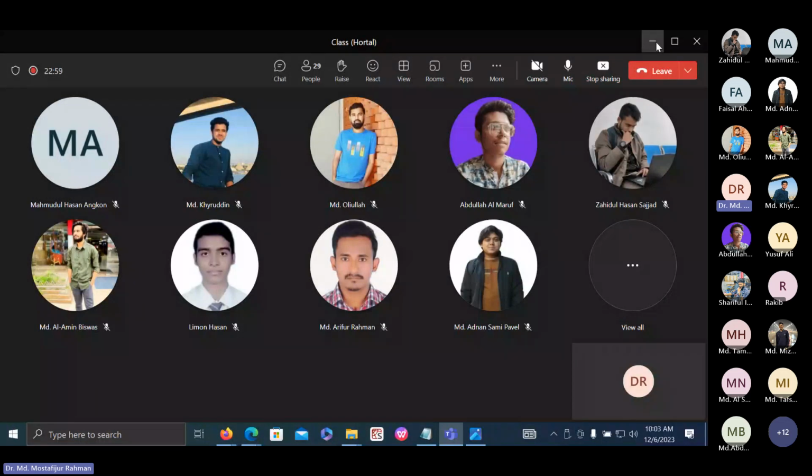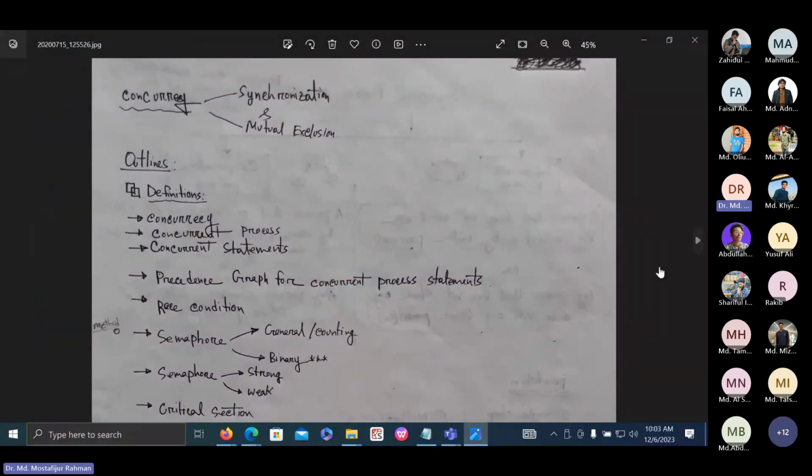Synchronization means whatever the processes will execute, they execute one by one or in the given sequence. Okay, this is synchronization. Mutual exclusion means this mutually exclusive way. That means this synchronization should be done using mutual exclusion.